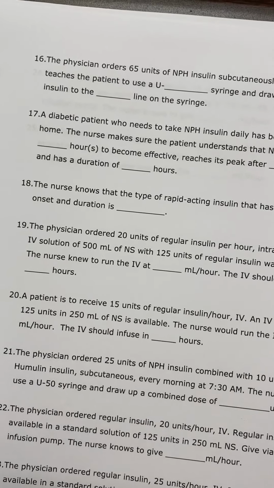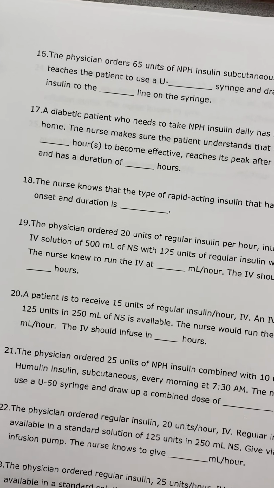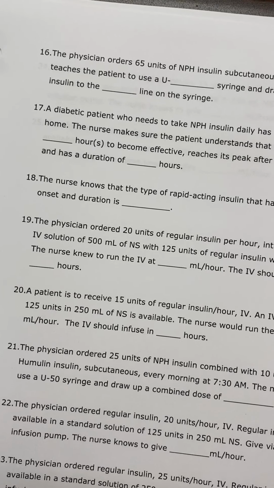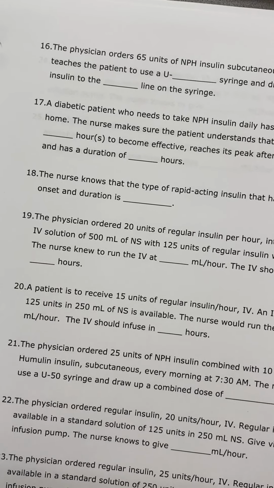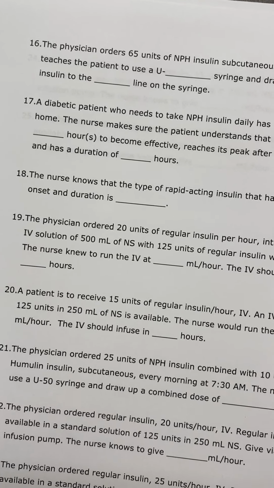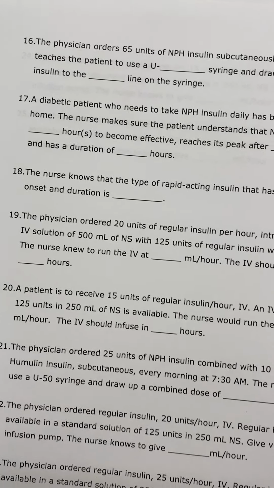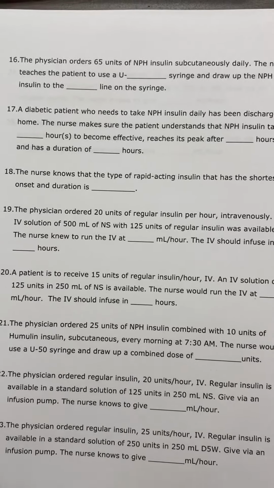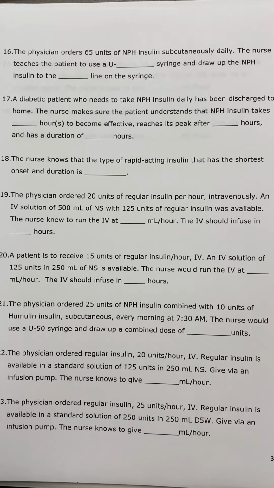The nurse teaches the patient to use a blank syringe and draw the NPH insulin to the blank line on the syringe. So this is just making sure you understood 15. I like these practice examples that go back and reiterate what you already know.